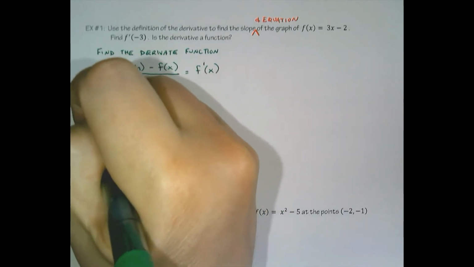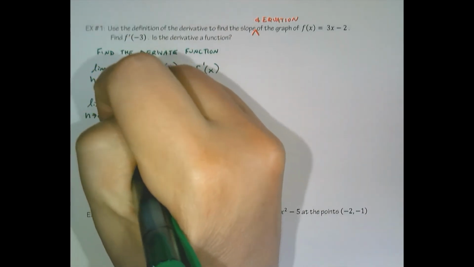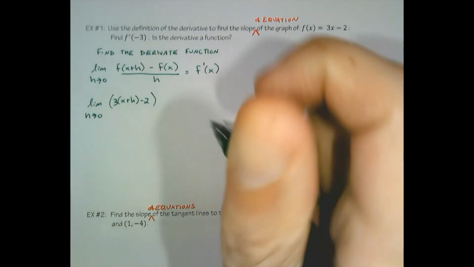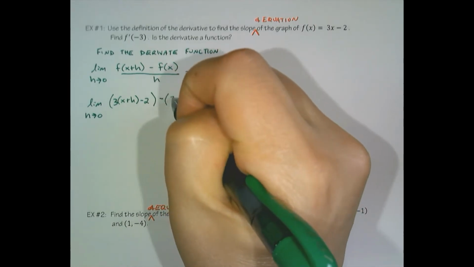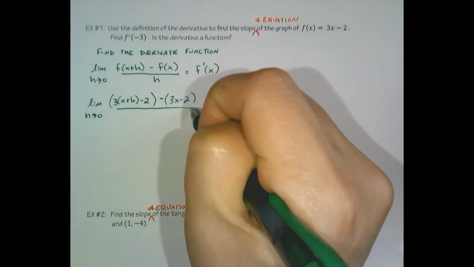So the limit as h goes to 0 of f of x plus h would be 3 times x plus h minus 2, minus f of x, all over h.